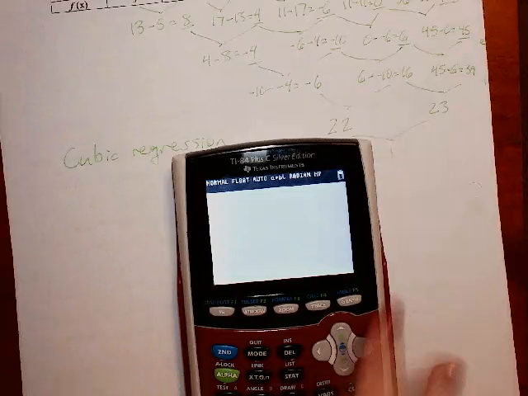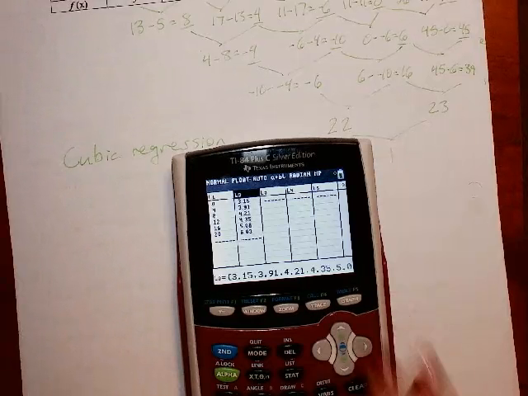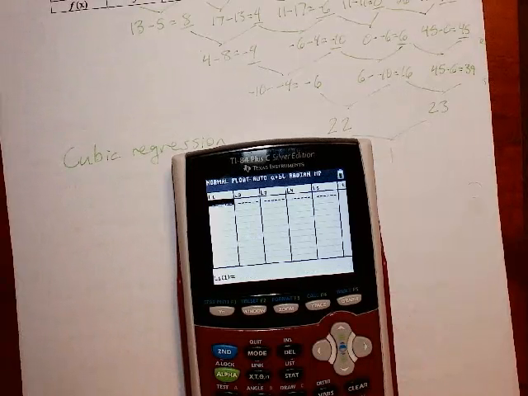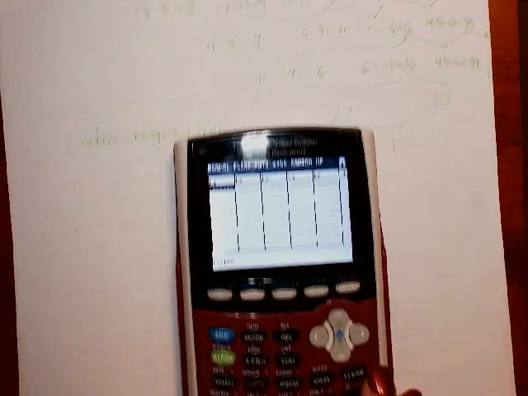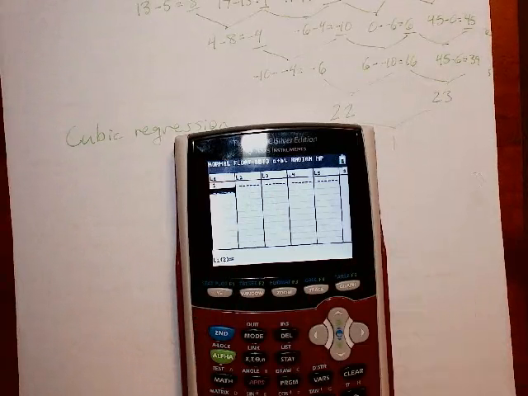So we are going to clear our lists. And you go to your list by hitting Stat, and then Edit. And then we're going to type our X values into L1 and our Y values into L2. Okay, so now we have all of our numbers into L1 and L2.